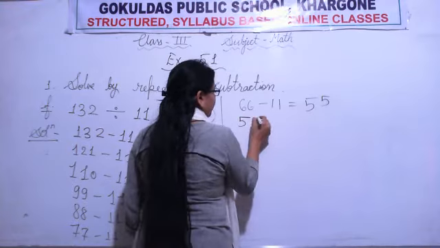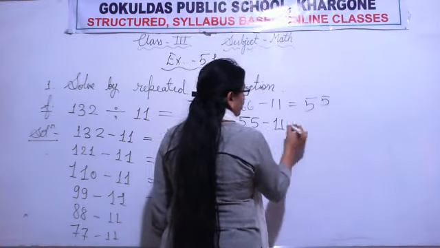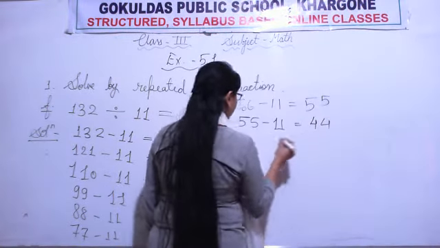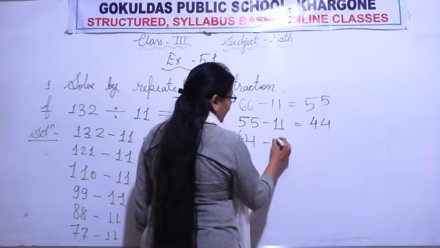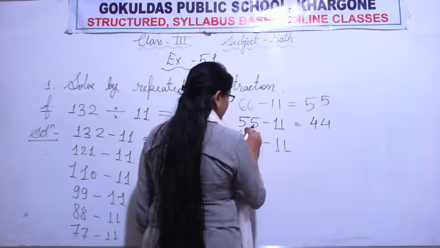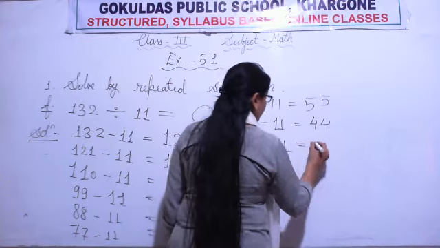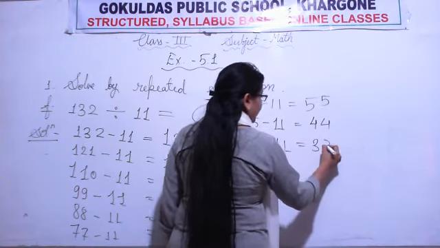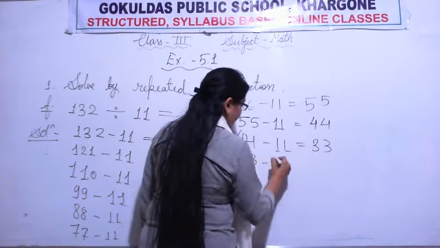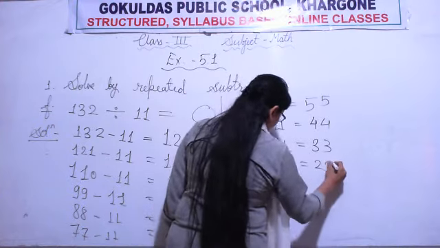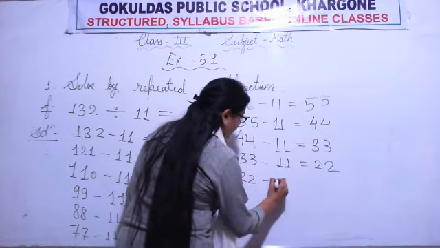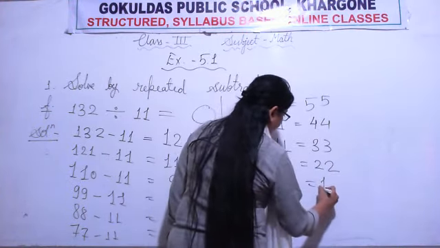Now 55 minus 11 is equal to 44. 44 minus 11 is equal to 33. 33 minus 11 is equal to 22. 22 minus 11 is equal to 11.